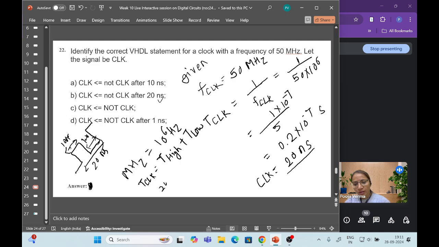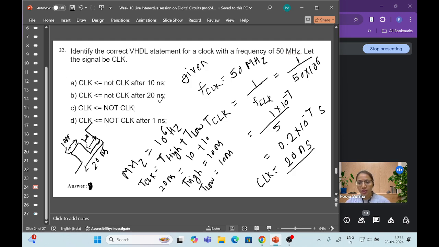So T clock is 20 nanosecond, that means T high is 10 nanosecond and T low is 10 nanosecond. So that will toggle the clock every 10 nanoseconds, which means a clock period of 20 nanosecond.